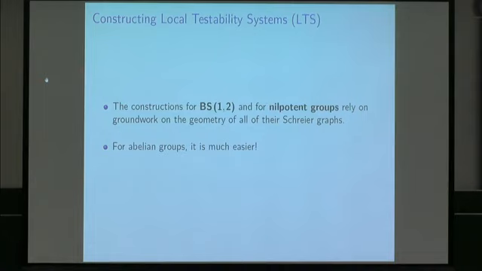But there are some different difficulties in Baumslag-Solitar. So I will not have time to talk about this. But I do want to show you how to construct the local testability system for abelian groups, but not in the most direct way, but in a way that hints at what needs to be done for those more complicated classes of groups.